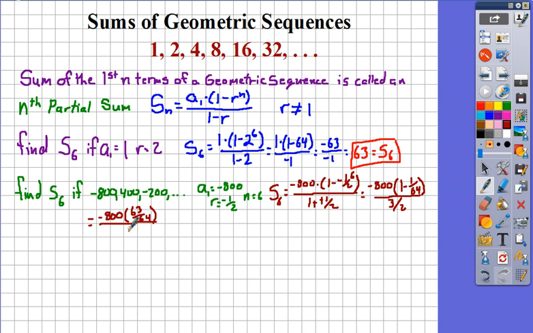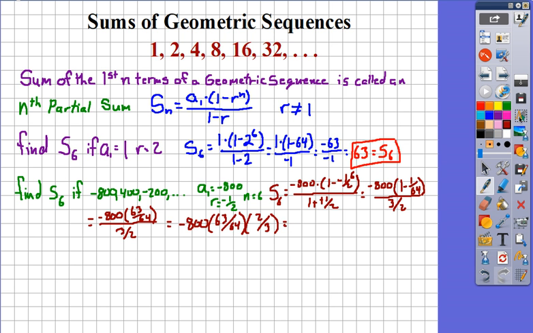Of course, we can put this in our calculator anytime. And if we simplify it out, I want to remind you how the rest of this goes: we just multiply by the reciprocal. So we have negative 800 times 63/64 times the reciprocal of the denominator.